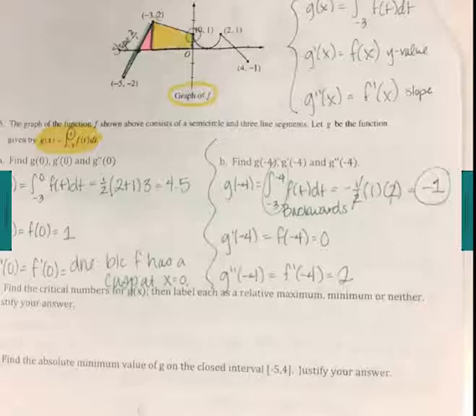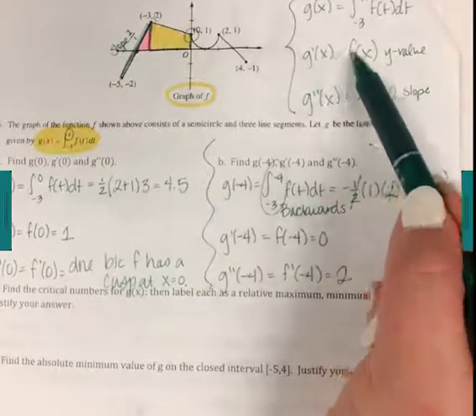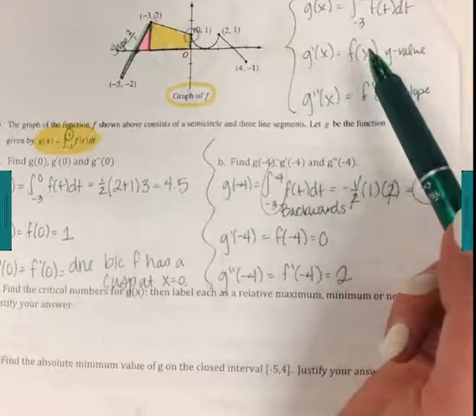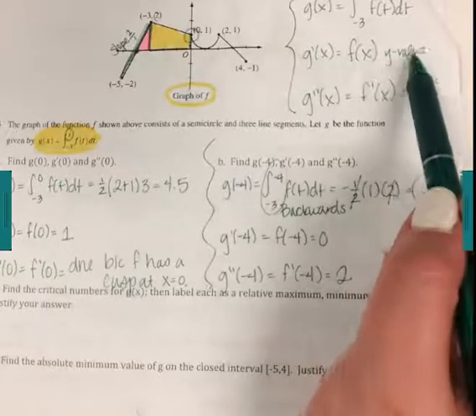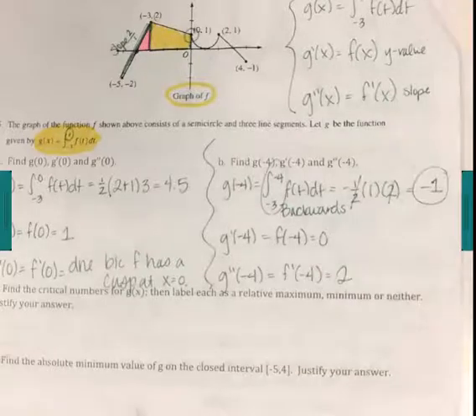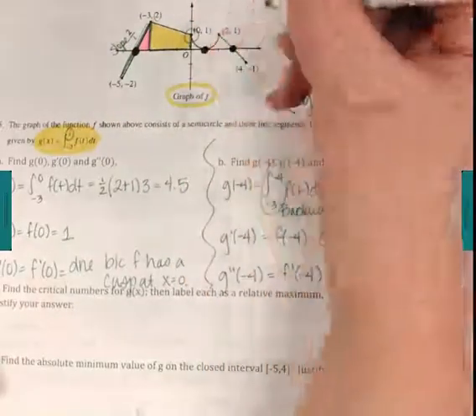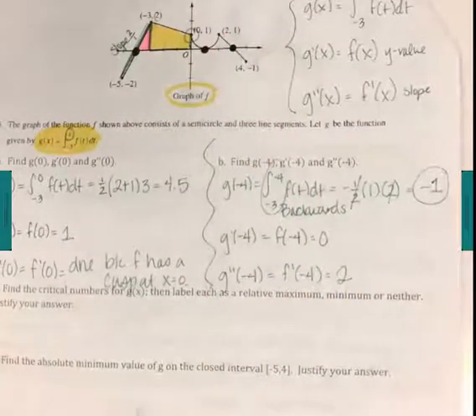We want critical numbers. Remember, critical numbers happen when g prime equals 0, but what's g prime the same as? G prime is the same as f. So really, if I want g prime to change sign, I need f, or the y values, to change sign. There are 3 critical numbers on this graph. What are they? Negative 4, 1, and 3.